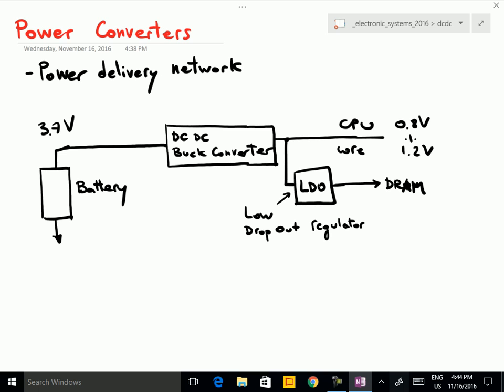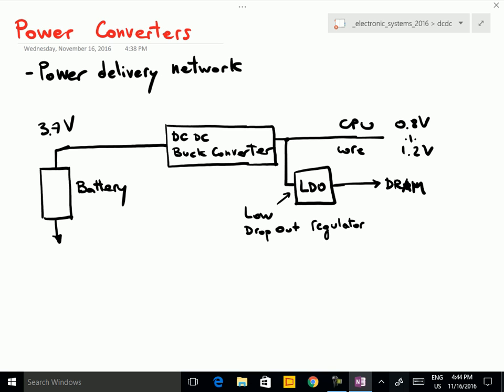So very constant without ripple, which is good for the DRAM, because you want to limit as much as possible the disturb, because you have to use a sense amplifier in order to read the memory. So you need to have an actual constant voltage as a supply voltage. Okay, and this is something that is provided by LDOs.